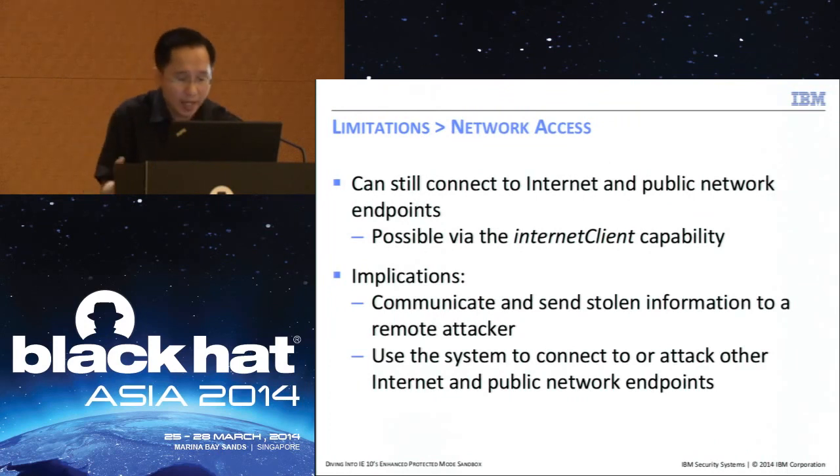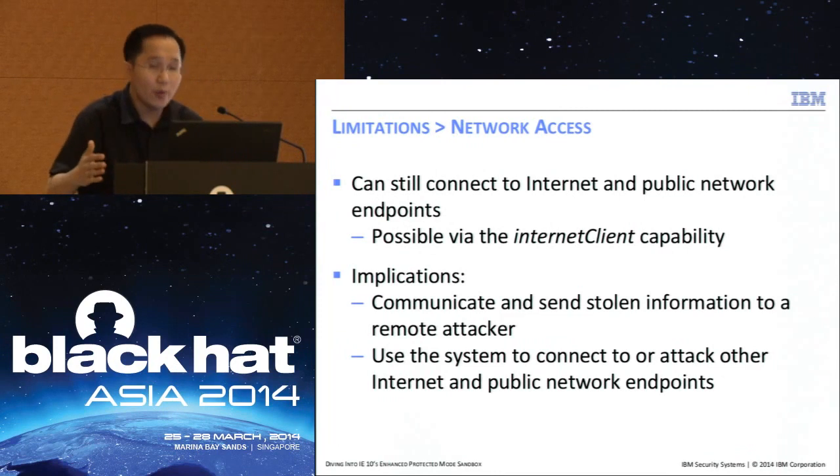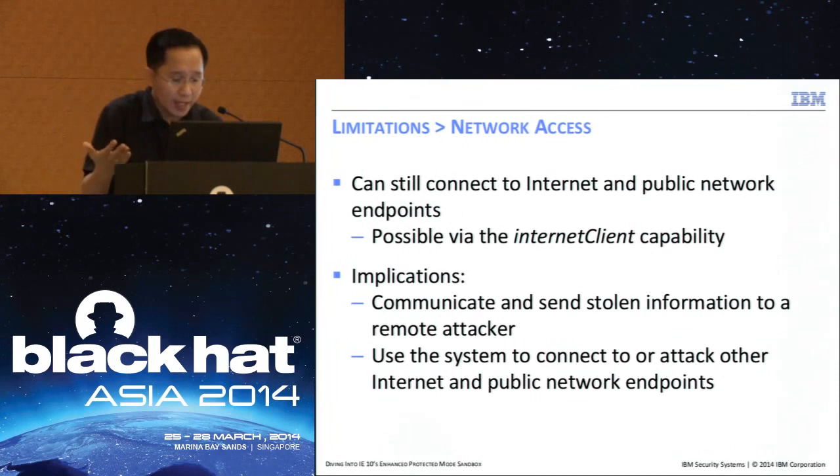And finally, because of the internet client capability, the sandbox process can still communicate and send stolen information to a remote attacker. The internet client capability can also be used to make the affected system a proxy to attack other systems.